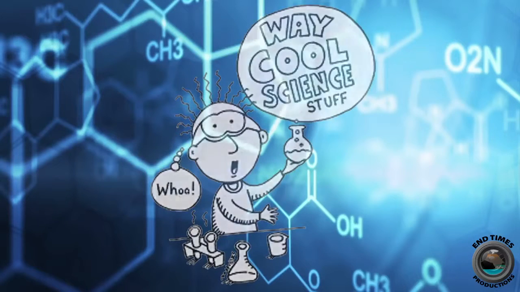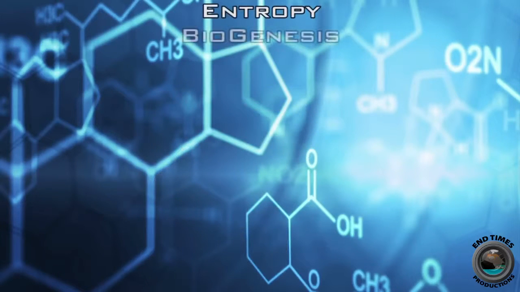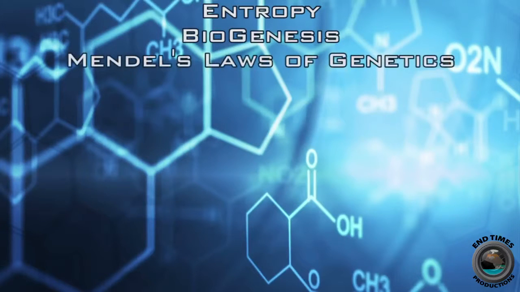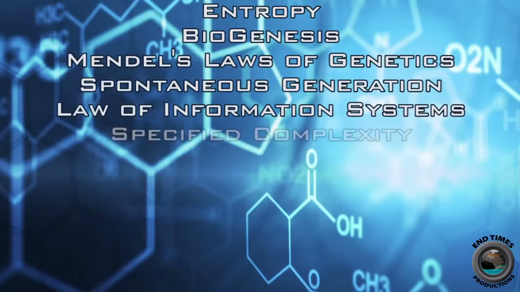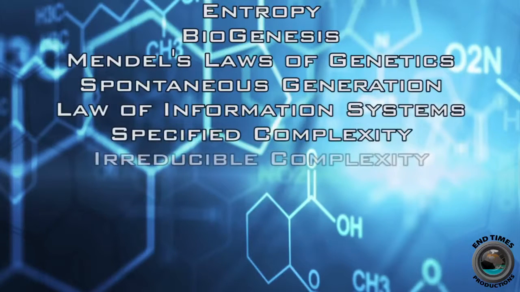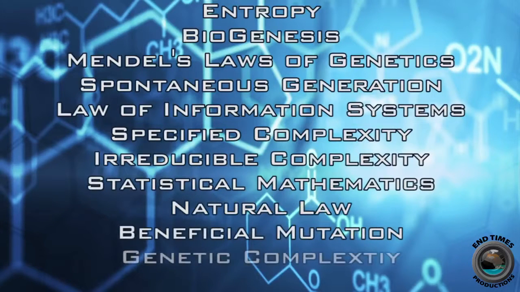We've already talked about entropy, but it also violates biogenesis, Mendel's law of genetics, spontaneous generation, law of information systems, specified complexity, irreducible complexity, statistical mathematics, natural law, beneficial mutation, genetic complexity, and information theory.